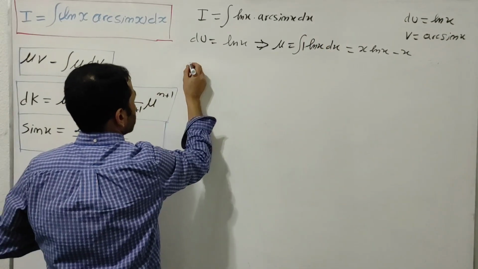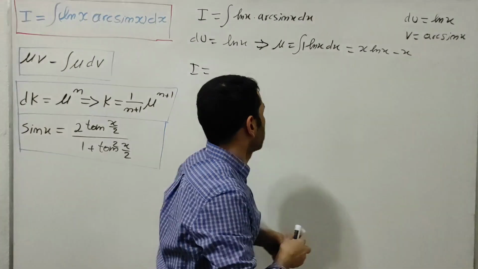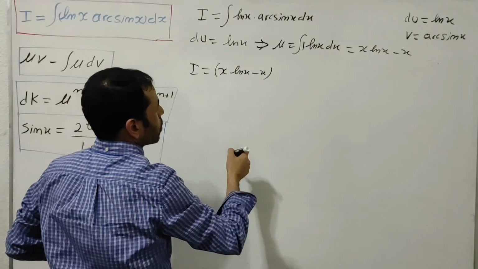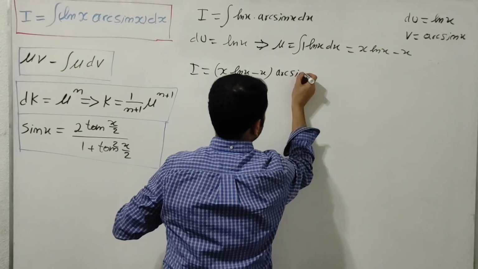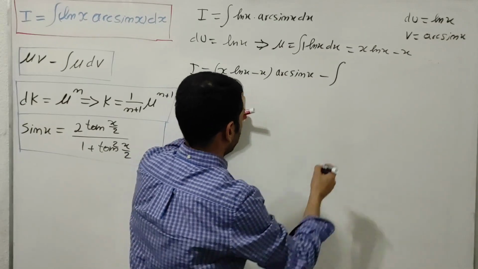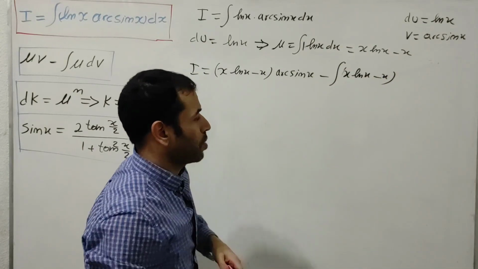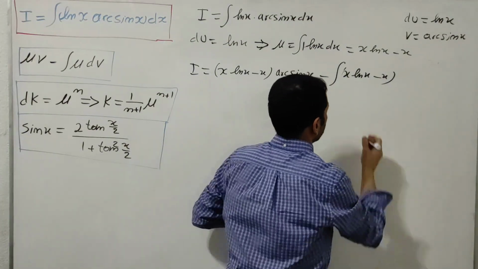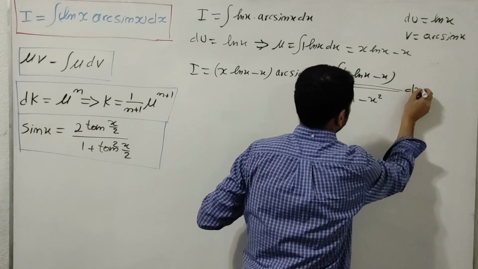So we'll have the integral I equals this as the original function: x multiplied by natural log of x minus x, multiplied by arcsine of x, minus the integral of this one, which is x multiplied by natural log of x minus x, multiplied by the derivative function of arcsine, which is 1 over square root of 1 minus x squared. So this one is giving us square root of 1 minus x squared dx.